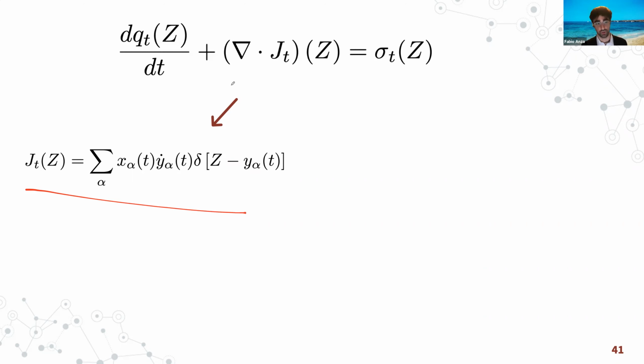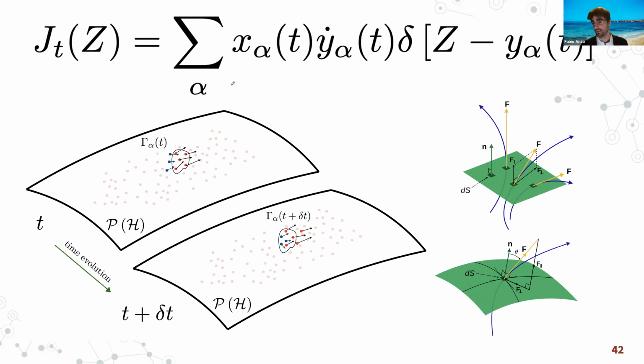So what is this object J? Well, it has the standard setup. If I identify a small region here, this is a cartoon of my projective Hilbert space, which is the quantum state space. At each time, you have a certain amount of particles that belong to that region. And as you have seen on the sphere, there's essentially a flow of these particles across that region.